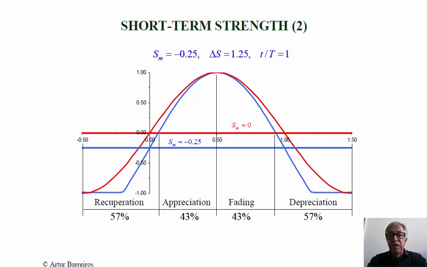In the release phase, it takes less time in the fading phase than in the depreciation phase. In other words, it takes less time in the releasing of potential gains and takes more time in the accumulation of potential losses. And this will occur mainly when the long-term trend is negative.